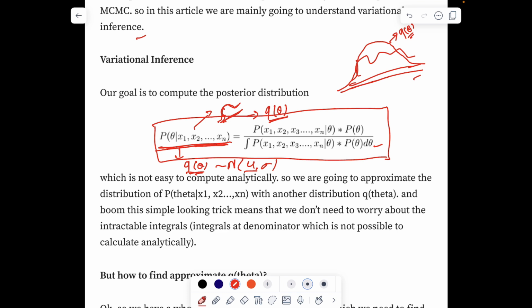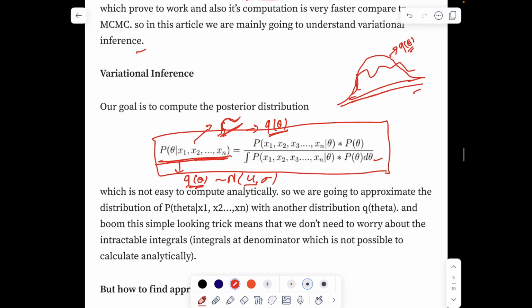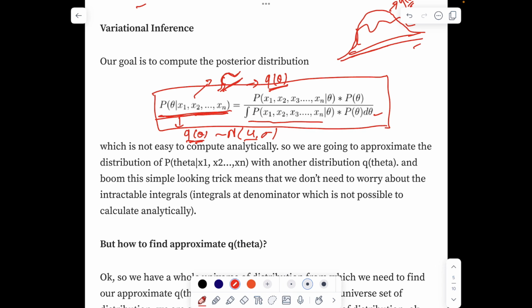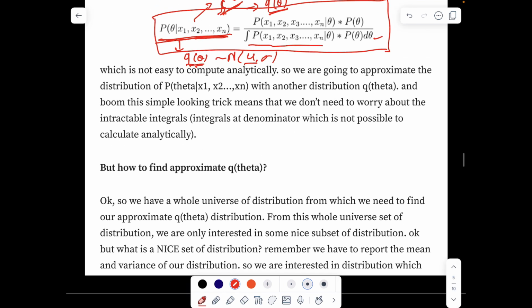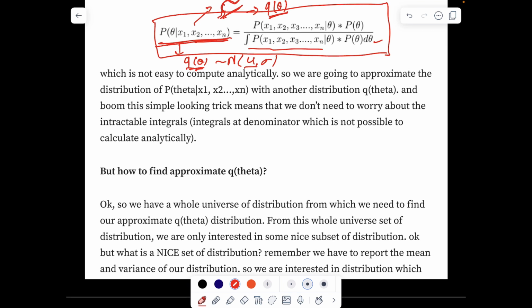And this simple trick means that we don't need to worry about this integration, which is very important for us, because this integration is not trivial to solve. So now the question is how to approximate that q theta.